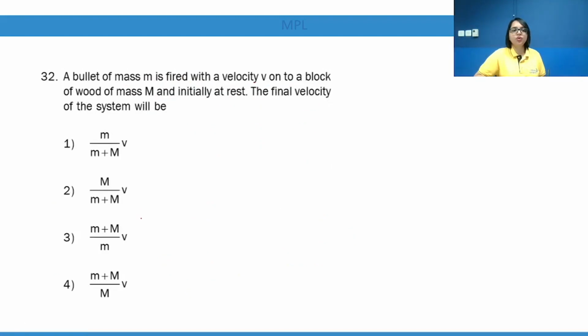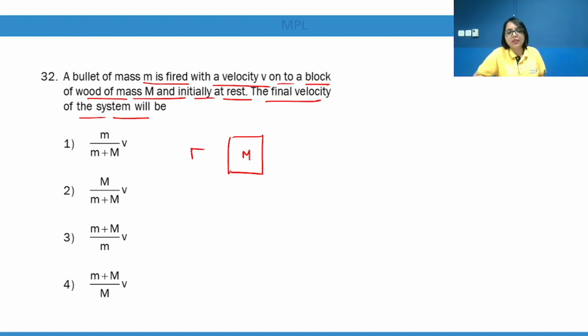Question number 32. A bullet of mass m is fired with velocity v onto a block of wood of mass capital M and initially at rest. The final velocity of the system will be. So basically we have a block of mass capital M. Bullet is fired of mass m with some velocity v. So initial momentum will be mv.